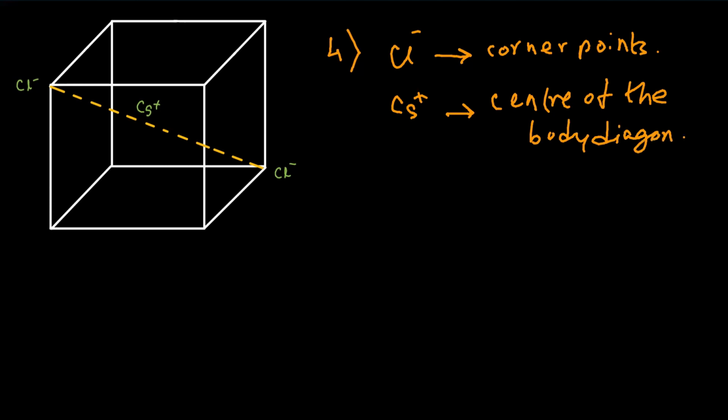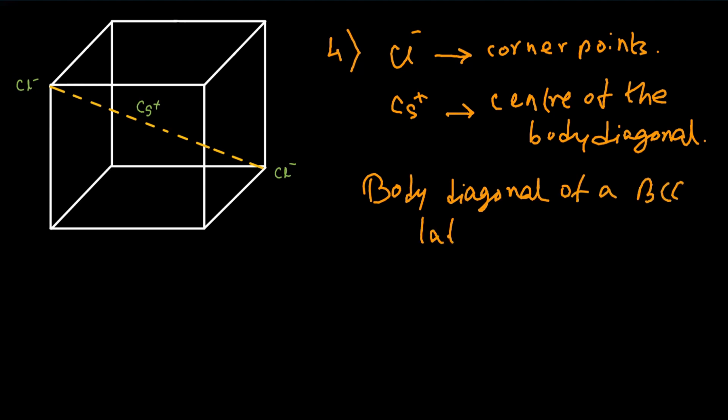Okay, as it is a body-centered cubic cell, it will have a body diagonal, and at the center lies Cs plus. So we know the body diagonal of BCC lattice is equal to how much? It is equal to root 3a, where a is our cell length.